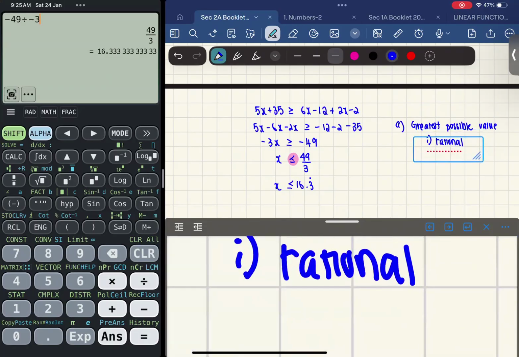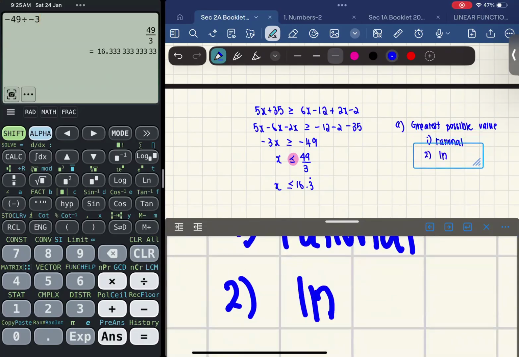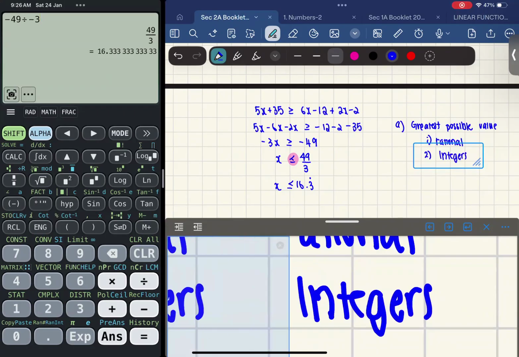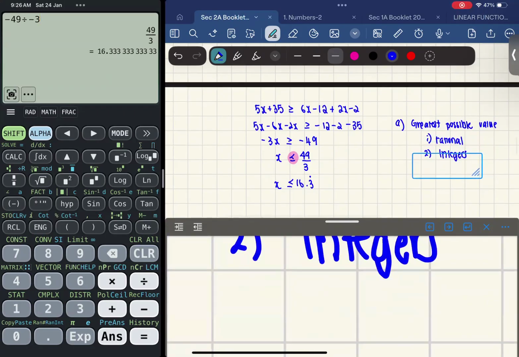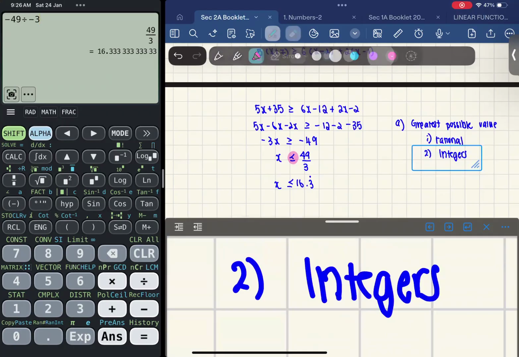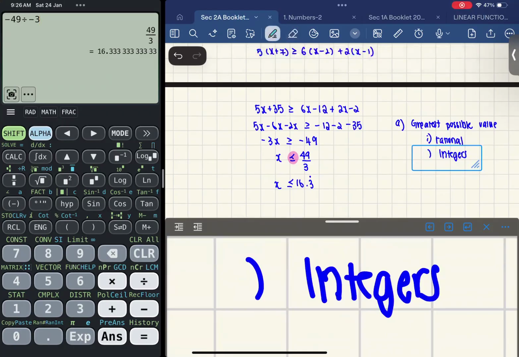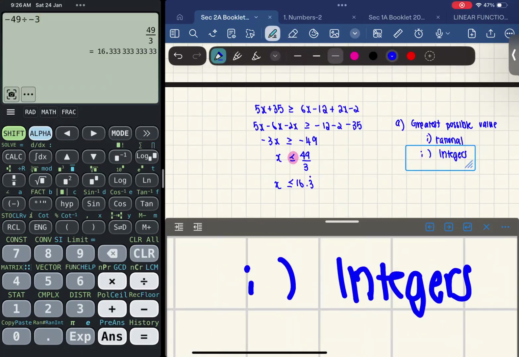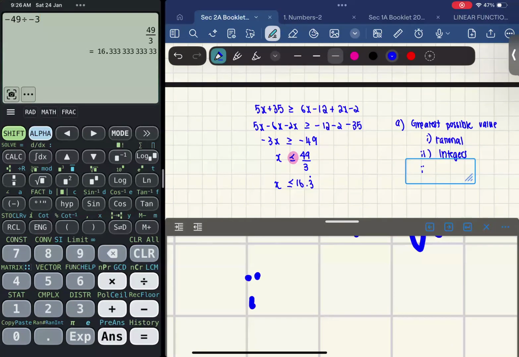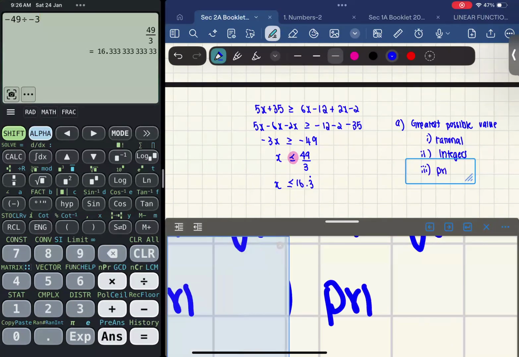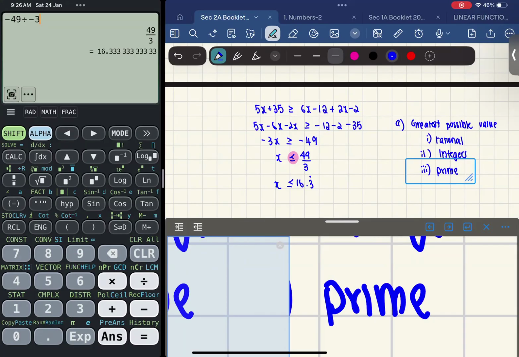Maybe they ask you to find integers. Maybe they ask you to find prime numbers. So be sure you go and revise your numbers.